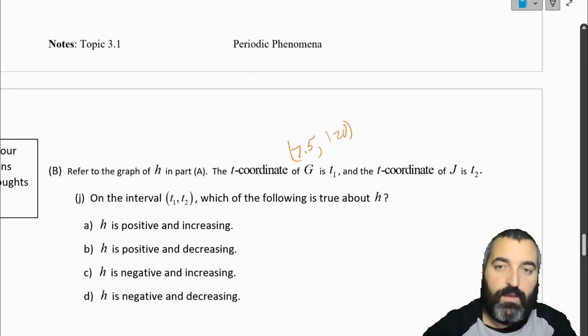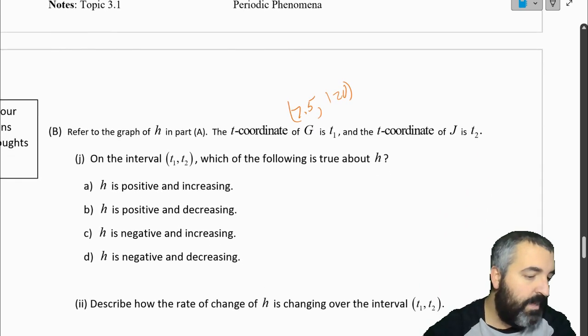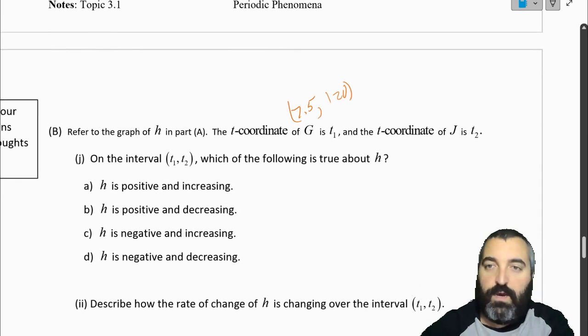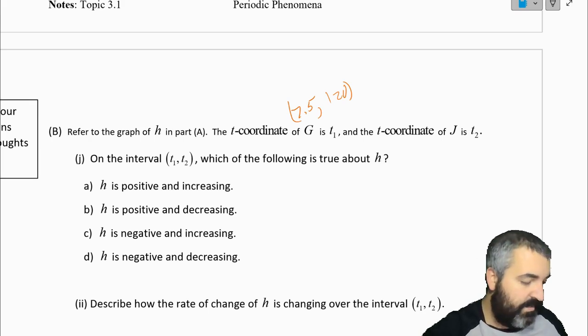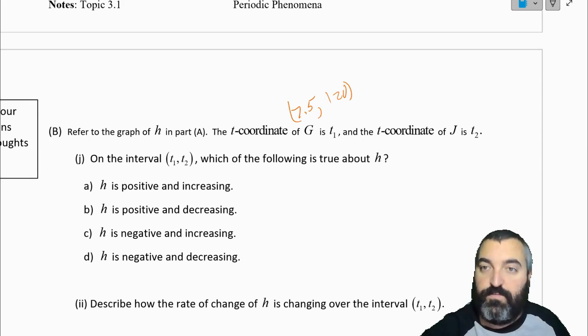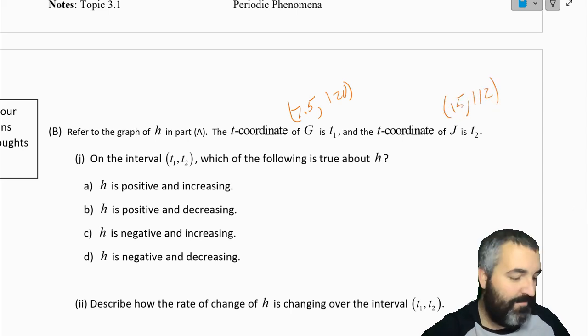Yeah, that's G. Is T1 and point J is that low point. Oh no, my pen is not working. There we go. 15 comma 112.